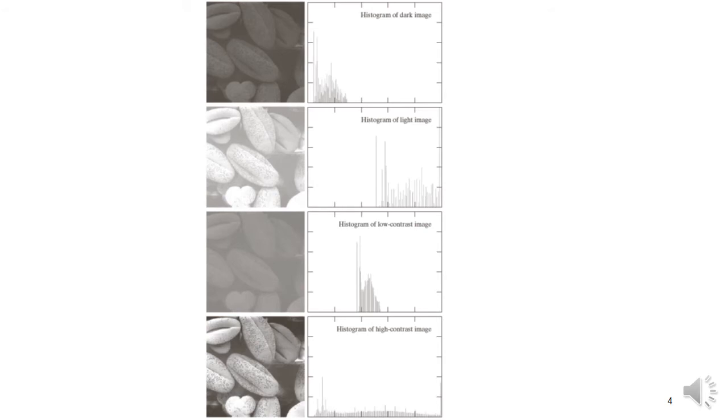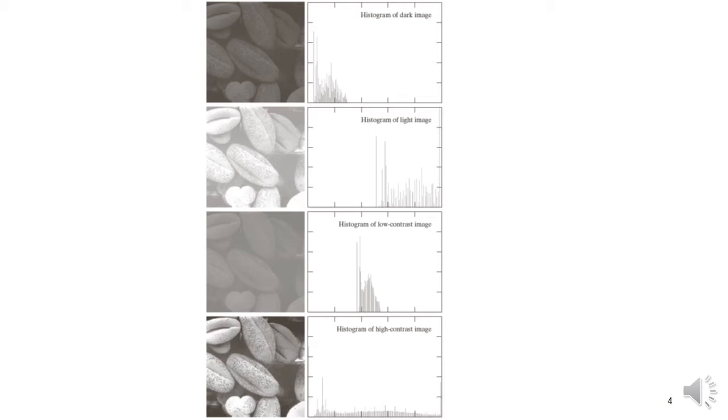Here we have four examples of histograms of an image. The first one is a histogram of a dark image on the top of your screen, and we know that this image comprises very dark intensity values, and dark intensity values means low intensities.